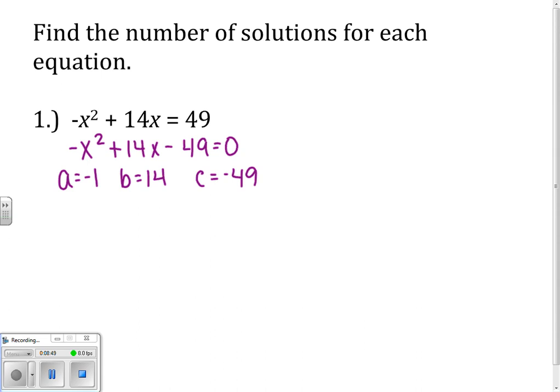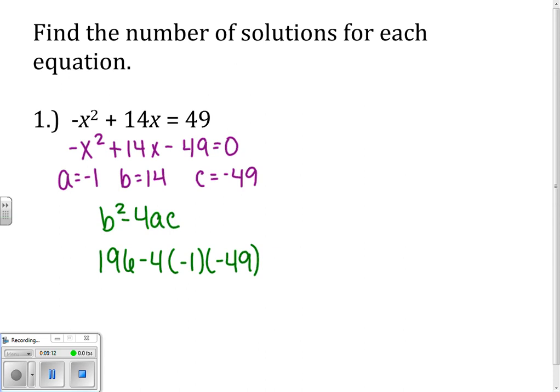But now all I have to do is the discriminant part, the b squared minus 4ac. That's all I have to do, and I just have to determine whether it's positive, negative, or 0. So if I put 14 squared in for b, I get 196 minus 4 times negative 1 times negative 49. You can type that whole line into the calculator if you want.